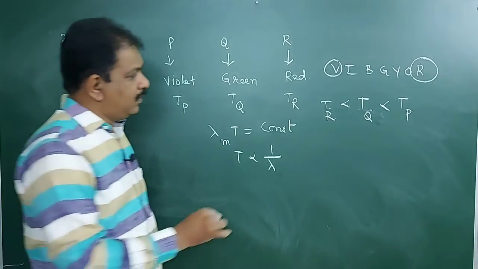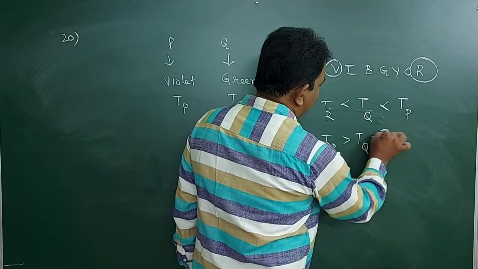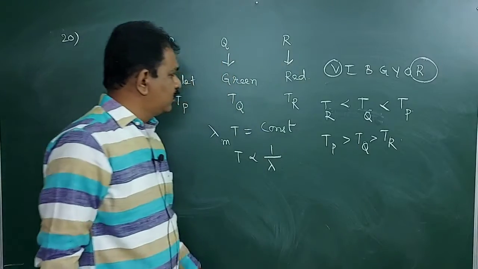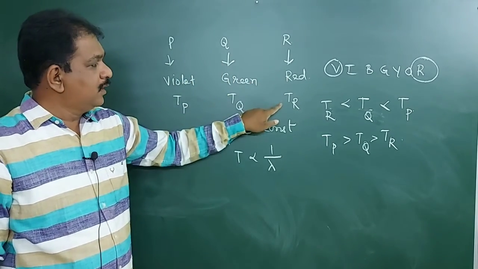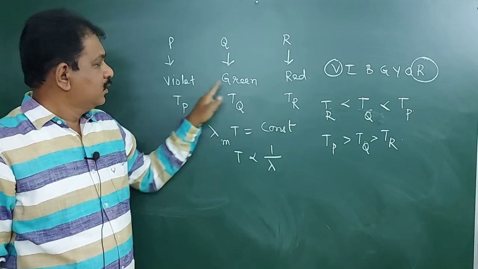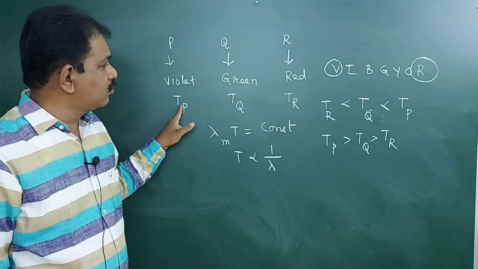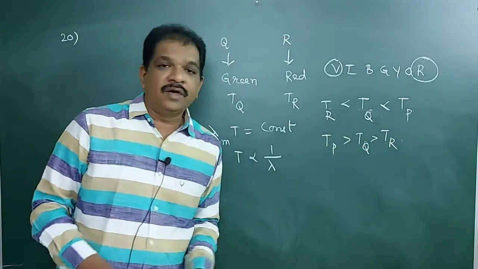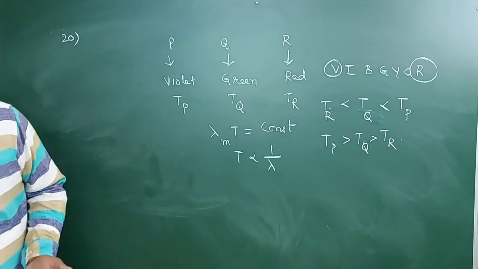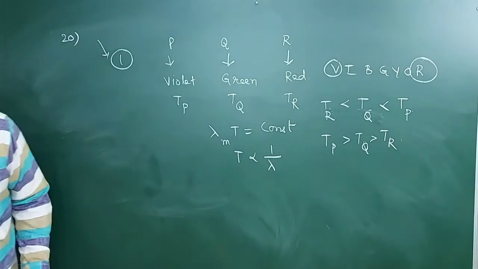So the relation between the temperatures: red has more wavelength, so its temperature is less; violet has less wavelength, so its temperature is more. Like that, Tp is greater than Tq, greater than Tr. So question 20, it will be the first option.